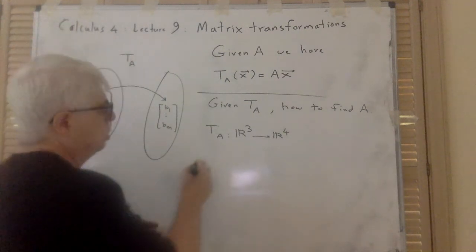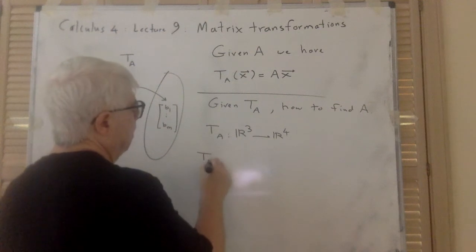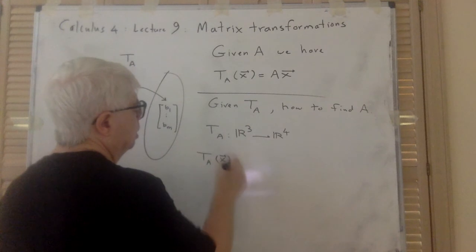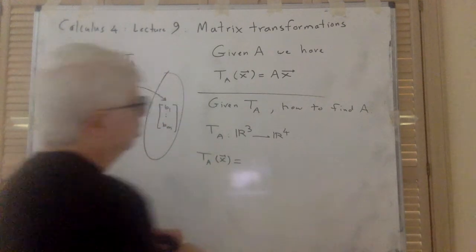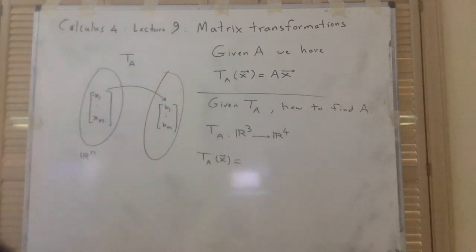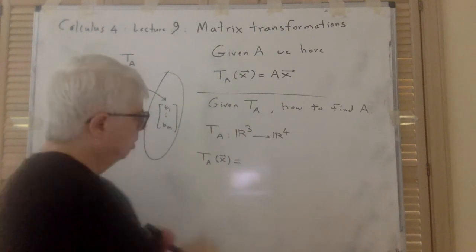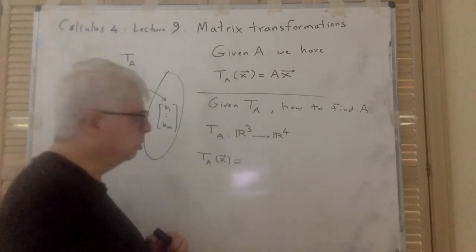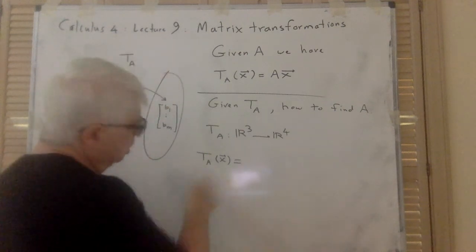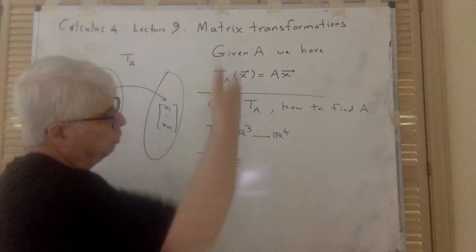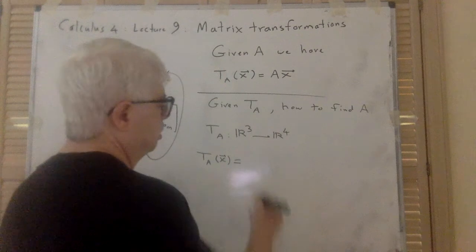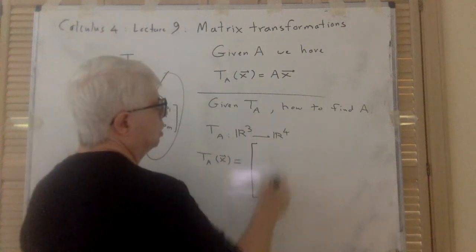So TA applied to some x, I should tell you what that thing is. This should be a vector in R4, so it should have 4 entries.